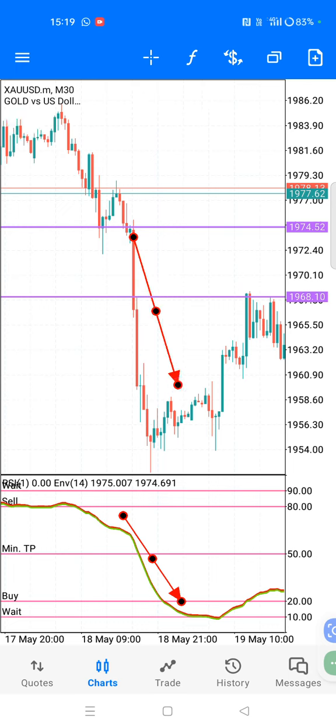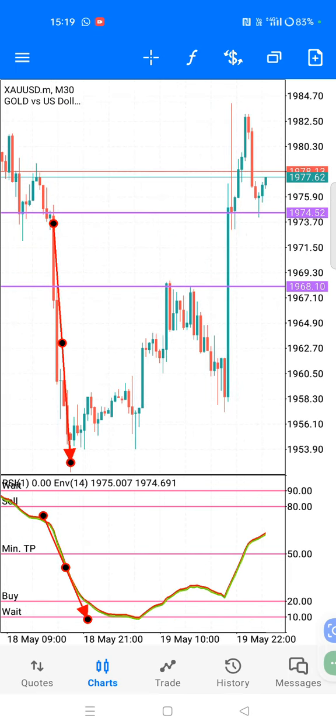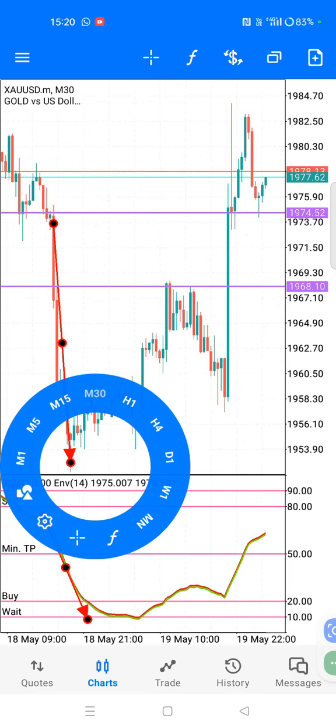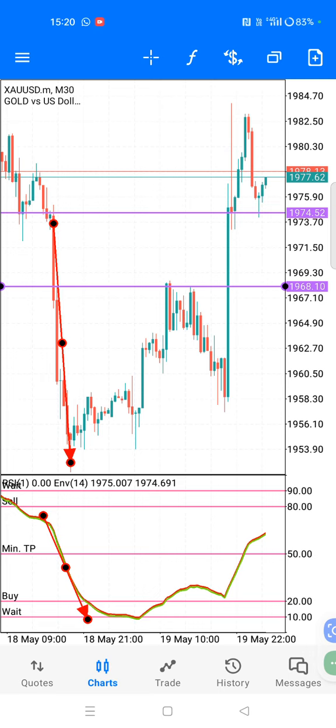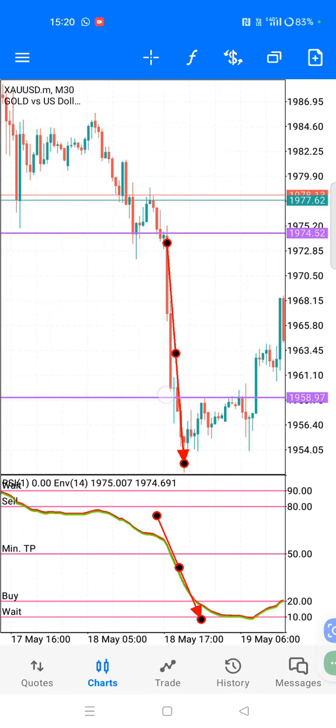Then let's say after this doji, you tell yourself, I'm still going to wait until it goes all the way to this line. It goes all the way to 1953. Take your stop loss, shift it to the next high. It's as simple as that.